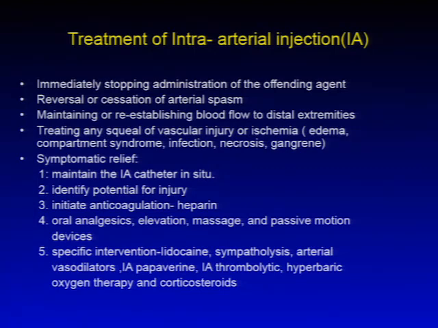By the recommendation, the systematic relief includes maintaining the catheter inside, identifying potential for injury, initiating anticoagulation like heparin, giving oral analgesics. There are some special interventions to be concerned about if the injury occurs.